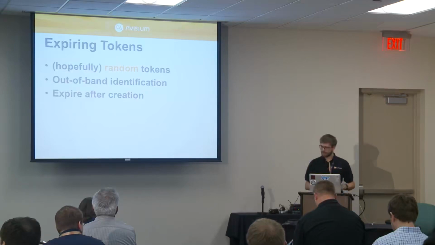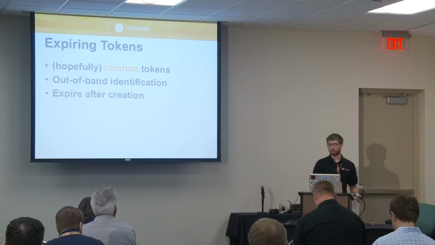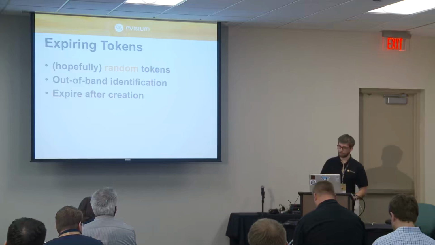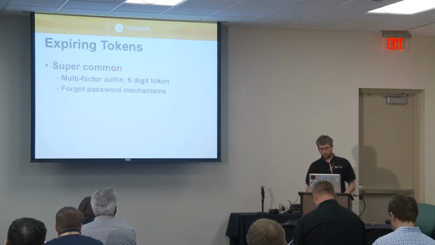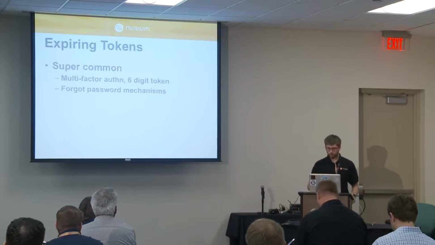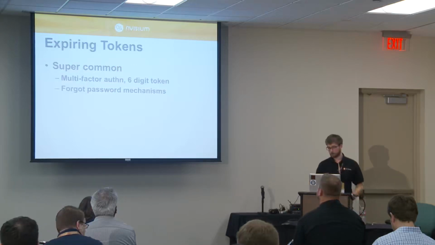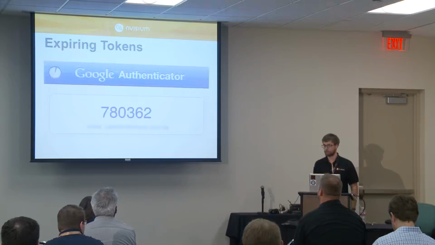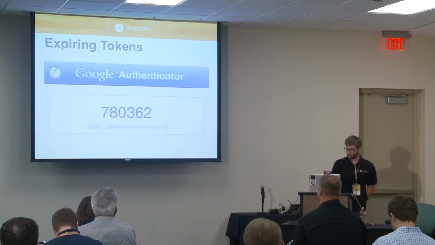The idea is that theoretically we could probably brute force those tokens if they're weak, but given that we have such a small time window, it's hard, and the only way we can solve that problem is by allocating more resources. They're very common, especially with multi-factor auth and forgot password mechanisms. As an example, Google Authenticator uses a 6-digit token.